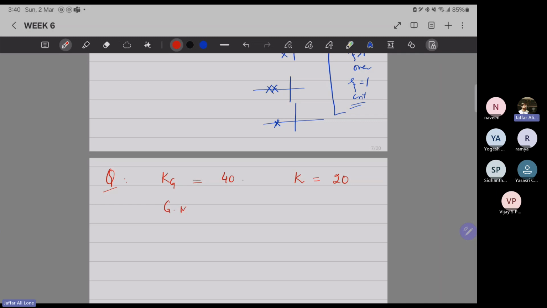The system is operating at 20, and the critical value of gain is 40, right? Can anybody tell me what should be the value of gain margin based on the definition that I defined right now?